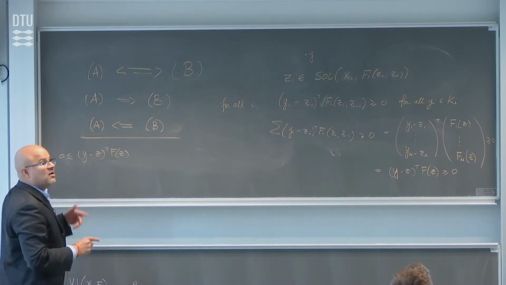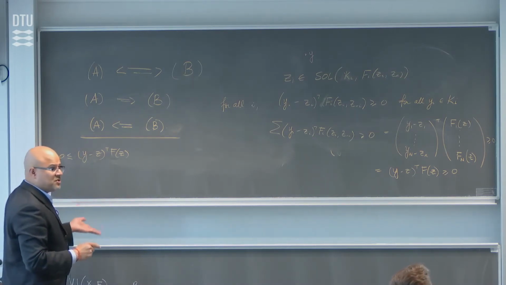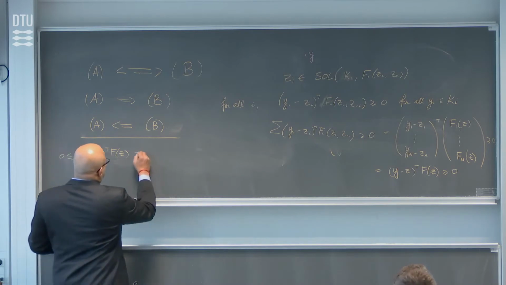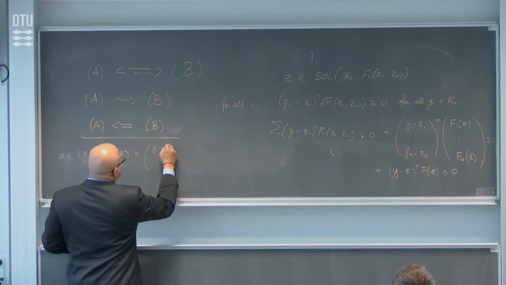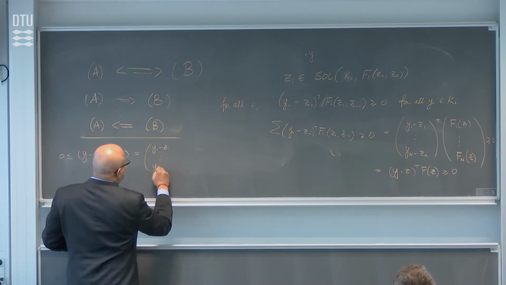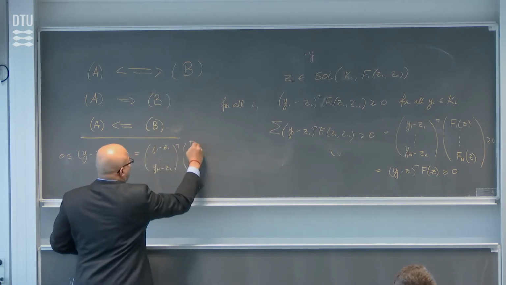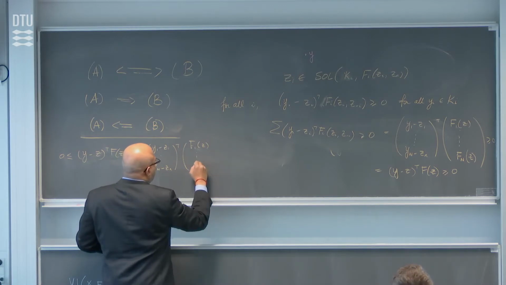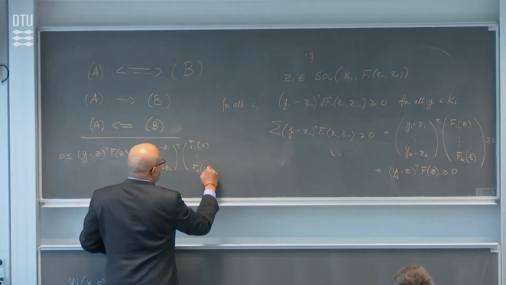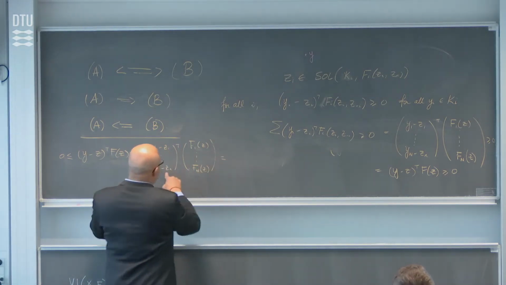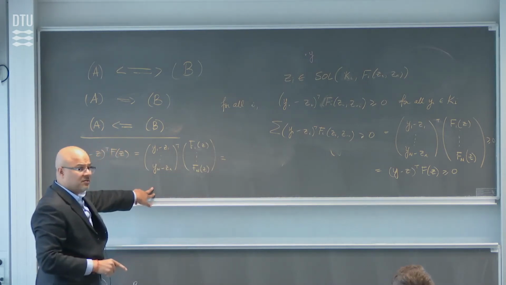This is because z lies in the solution set of VI(K, F). This is equal to y1 minus z1. Okay, this is just by opening out these.